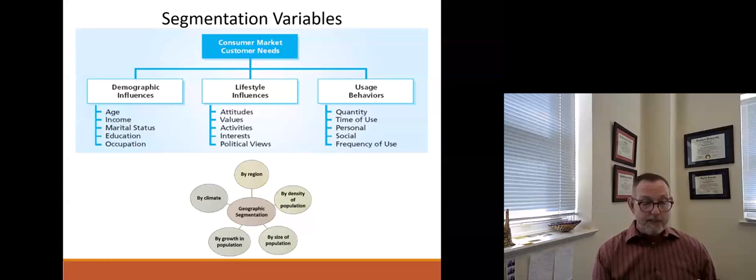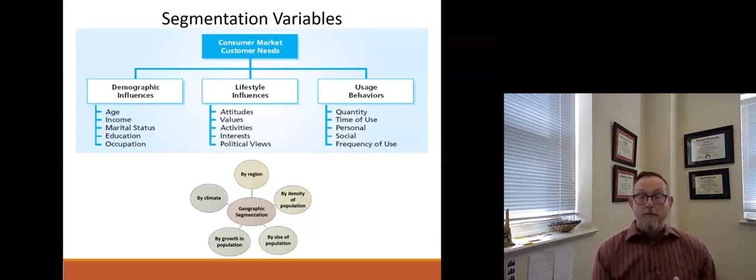So if a lot of people in a specific market segment have a specific need, and they match a certain age target or income level or educational level, then you can use those to reflect the need. So they're useful, but they're not determinant.